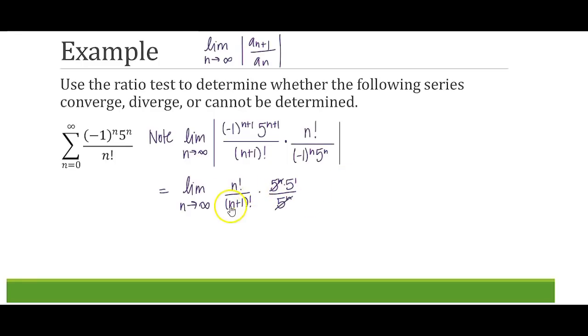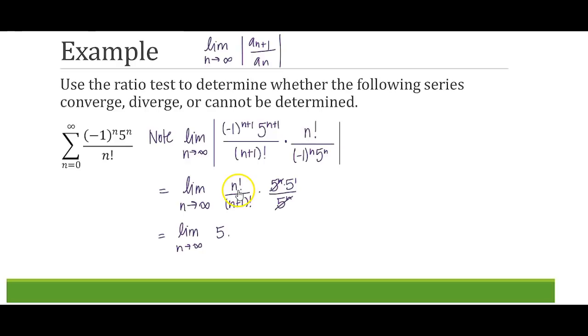But we have to think about what's going to happen here. So we don't just have n over n plus 1 like the last example. We have n factorial over n plus 1 factorial. So if we think about how factorials simplify, I'm going to go ahead and write the limit as n approaches infinity. So I do have this 5 that's here, so I'm just going to go ahead and leave the 5 in the front for now.